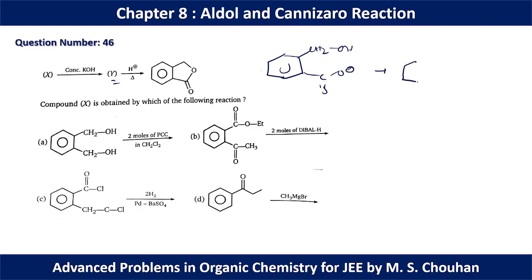It can be formed if we start with this kind of molecule. And it can be prepared from the molecule A if we add PCC, because PCC will give the controlled oxidation of primary alcohol to aldehyde. So for question number 46, A is the correct option.